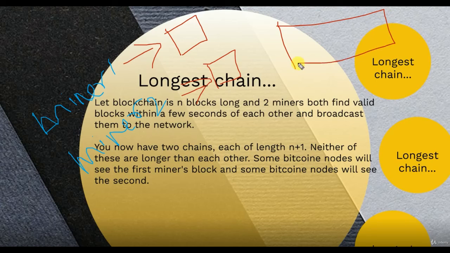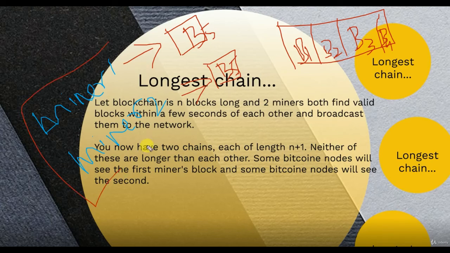Say B1, B2, block number 2, B3, B4. Now both are creating block number 5, B5. Since both miners are creating at the same time, these two blocks will be added here.